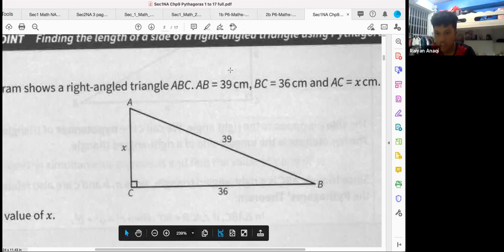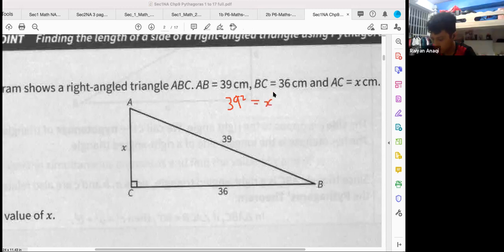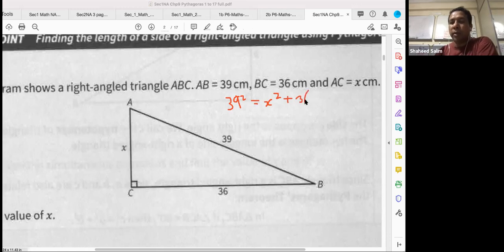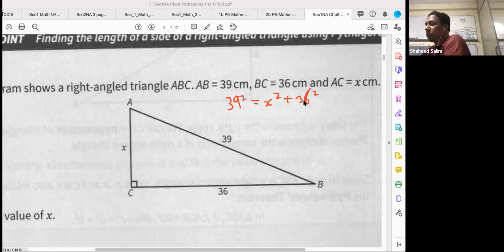Because you know that the two shorter ones, x squared plus 36 squared, equal 39 squared. Then you find x squared, then you square root the x squared, you get x.